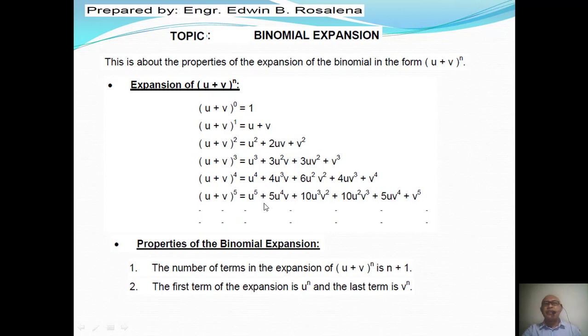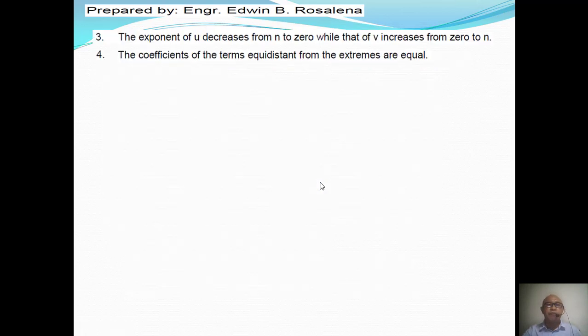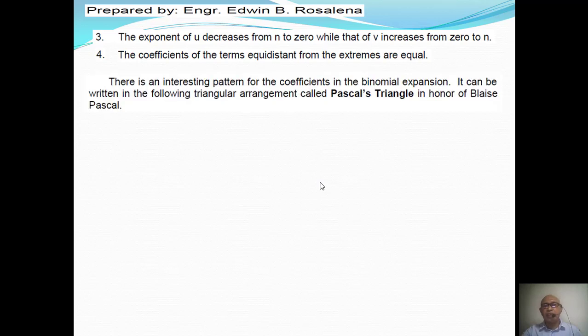Okay. So there is an interesting pattern of the numbers. And the pattern of the numbers, we can arrange them in triangular form. And the numbers are called Pascal's triangle in honor of Blaise Pascal.